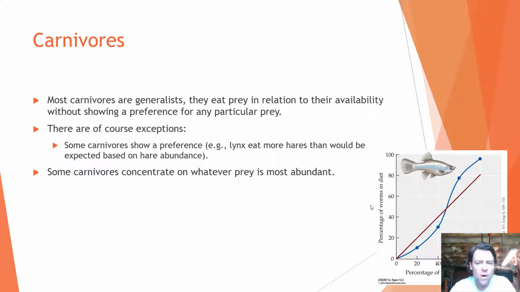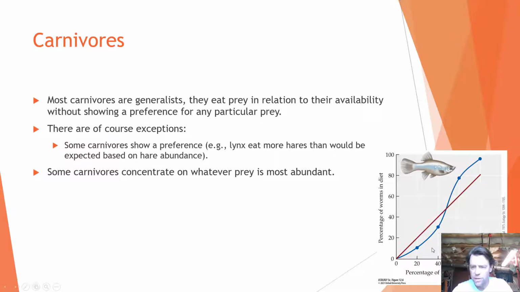So, for example, lynx eat more hares than would normally be expected based on hare abundance, using optimal foraging theory as a foundation for testing that. And then some carnivores concentrate on whatever prey is most abundant, so they can actually switch. You can see this in the figure on the right here, in the lower portion.